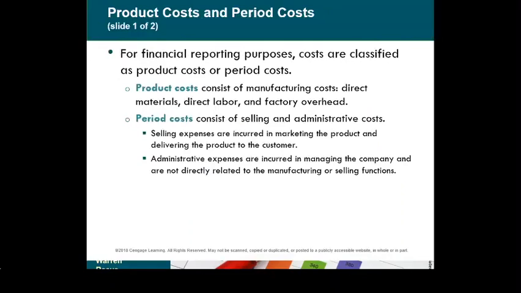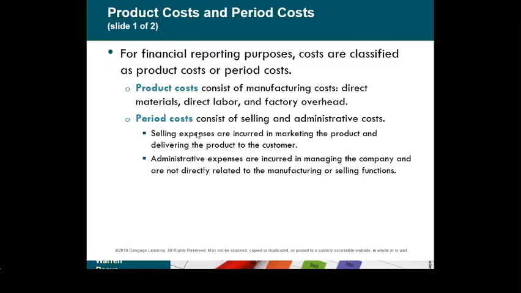And then the third categorization is product cost versus period cost. So product cost consists of all manufacturing costs just now: direct material, direct labor, and factory overhead. Therefore, product cost equals manufacturing cost just now. And then the second one is period cost, whereby they separate selling and administrative cost from the product cost just now.